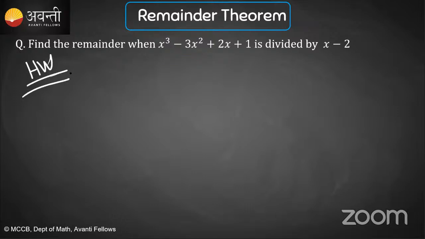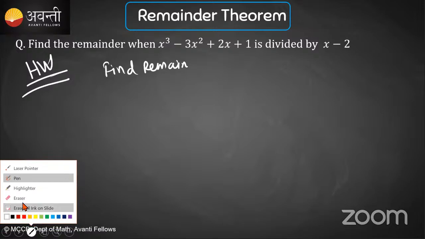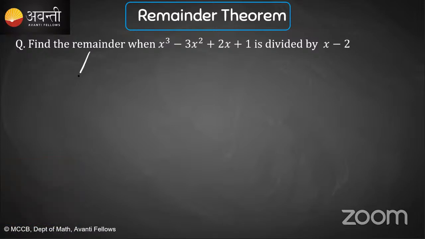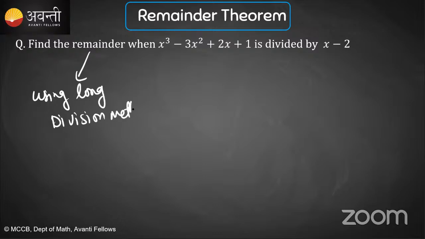I'm giving this question as your homework. What you have to do: use the remainder theorem to find the remainder. You have to use both methods. Find the remainder using the long division method, and then use the remainder theorem to verify it.